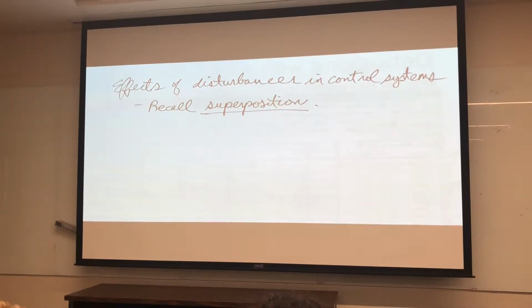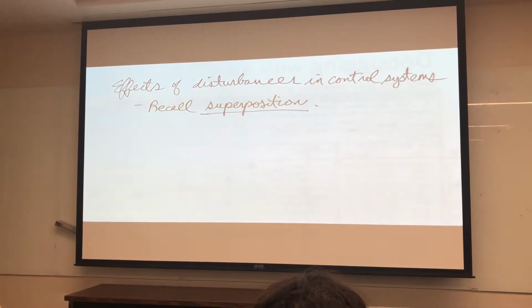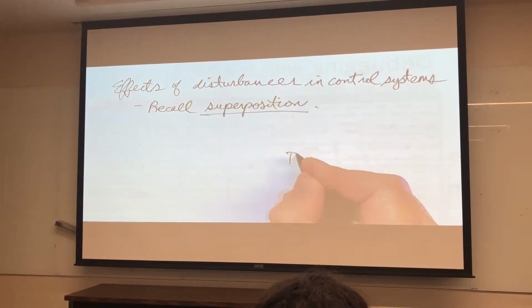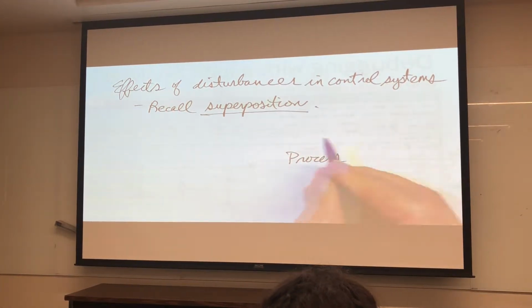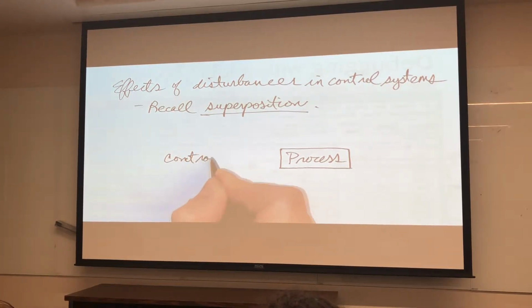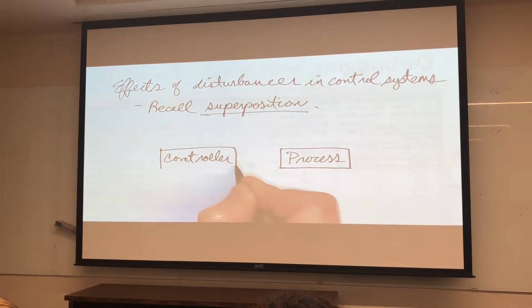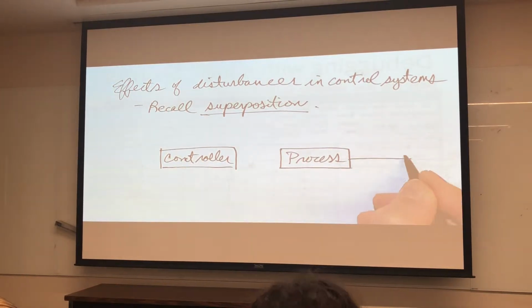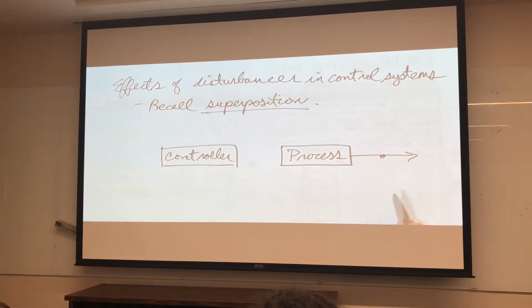All right, so let me sketch a block diagram of a control system which may have disturbances in it. And so here's our process that we're trying to control. And we have a compensator or controller here. We're measuring the behavior at the output.